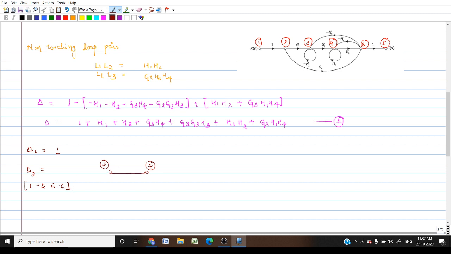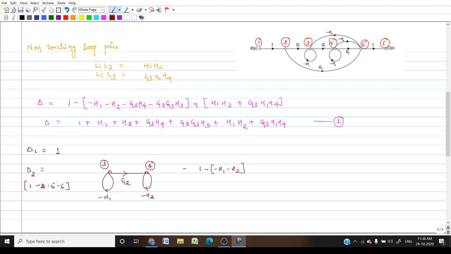The remaining signal flow graph has the loops minus H1 and minus H2. Now when we apply the delta formula, it is 1 minus the sum of the individual loops. We have H1 and H2. We don't have any loop triplets.